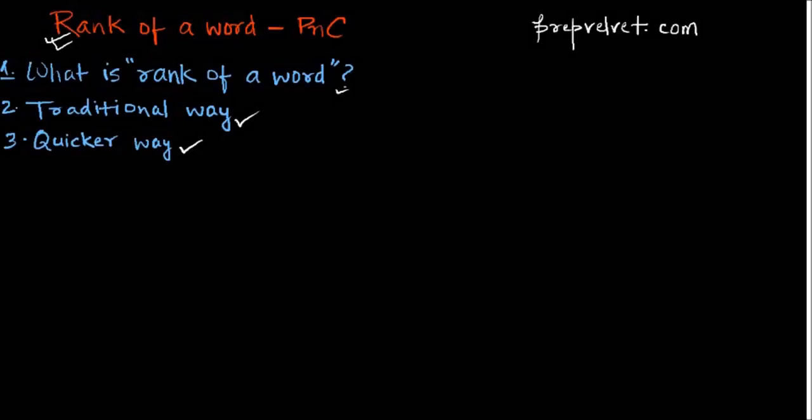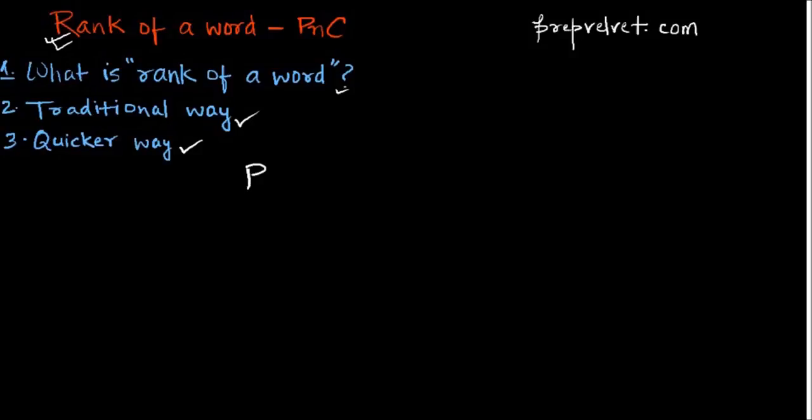Now let's move on to the third topic, quicker way of finding rank of a word. We'll use the same example, that is finding rank of the word Rahul. Alphabetically these can be arranged in following way: A, H, L, R and U. A occupies first position, so write 1 over here.